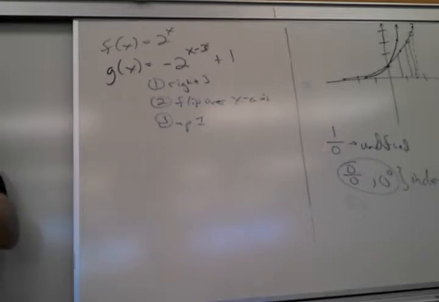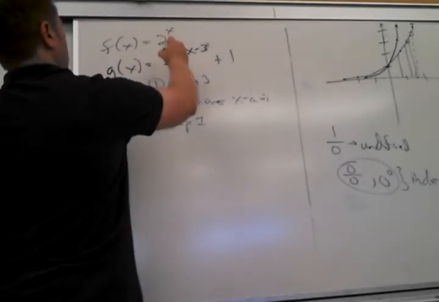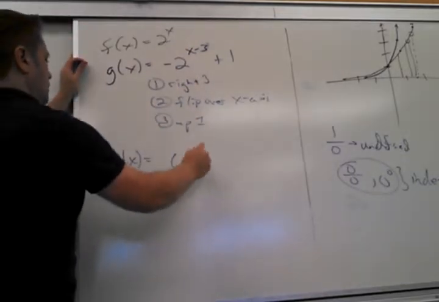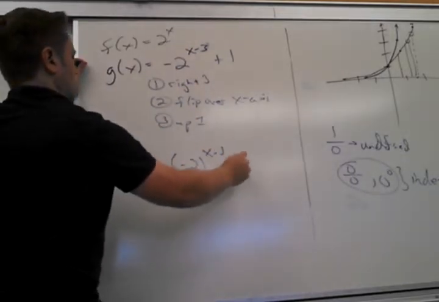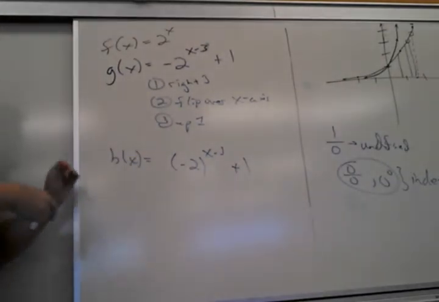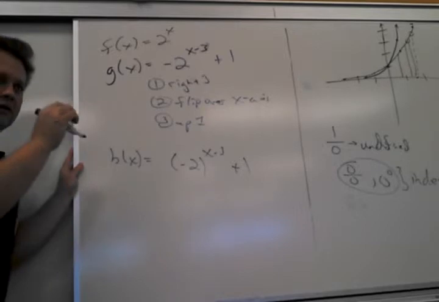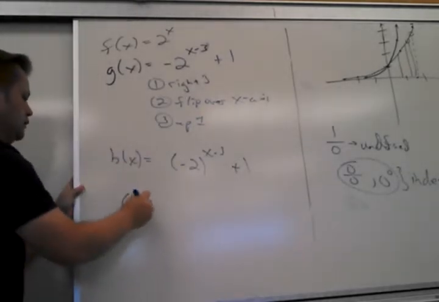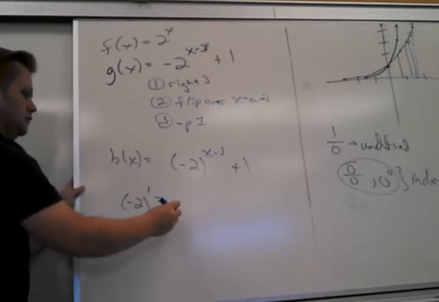What if the -2 were in parentheses? Oh, I see. So what if it was like this? Now that gets freaky. I like that you brought that up, because what's -2 to the first power? -2.